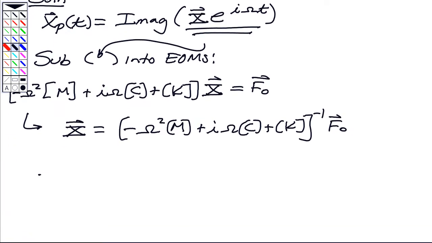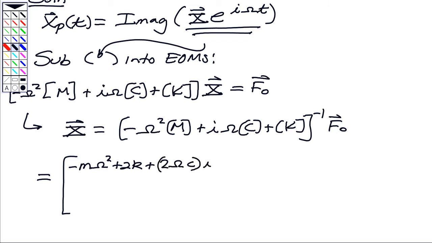So I'm going to write this out. This 2 by 2 is going to be minus m omega squared plus 2k. That's the real part of the 1,1 position. We have 2 omega c times i in that position. Over here in the 2,2 position, let me write that one out: minus m omega squared plus k plus omega c times i.